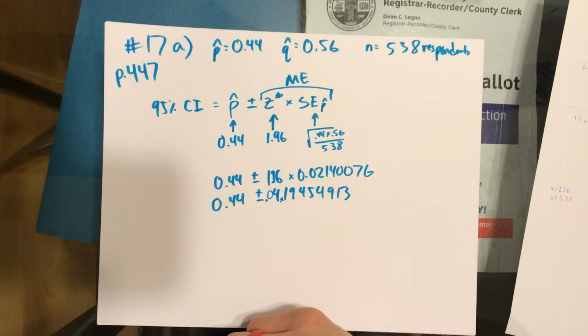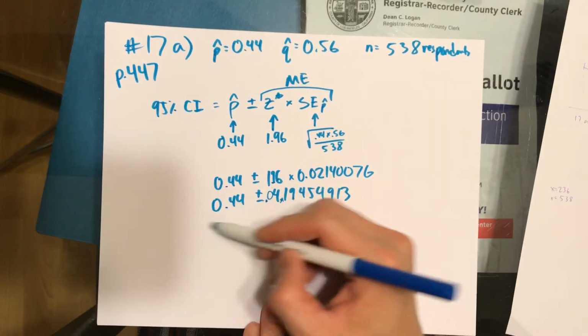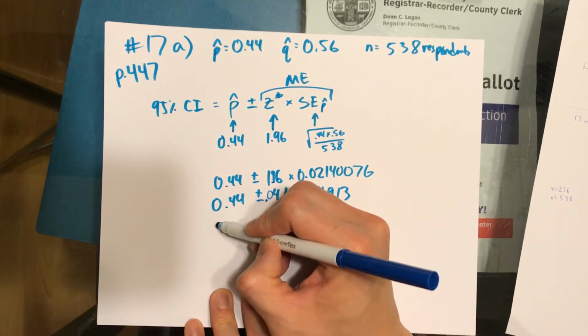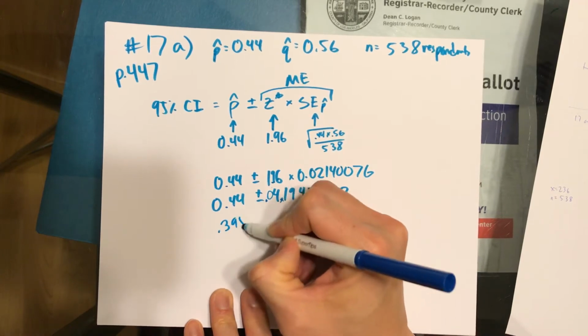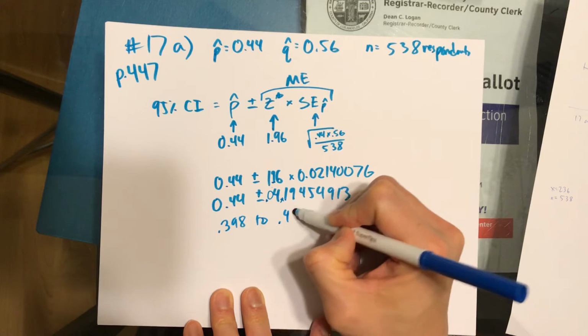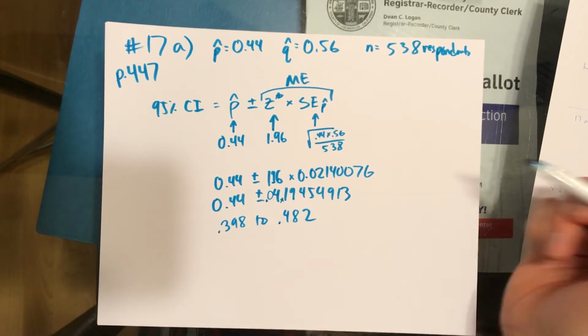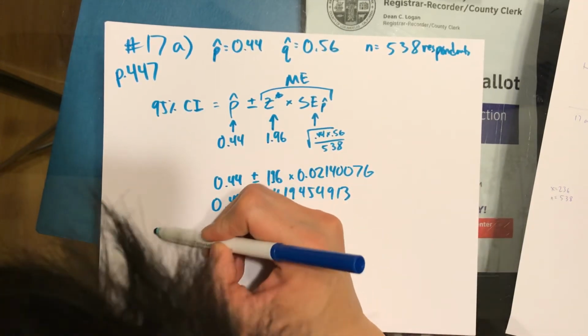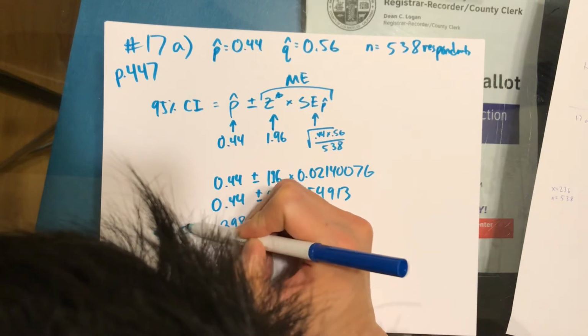So we can leave our answer like this, or you can say it's from 0.398 to 0.482. Okay, so this would be our 95% confidence interval.